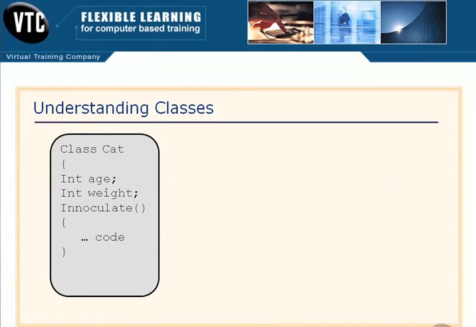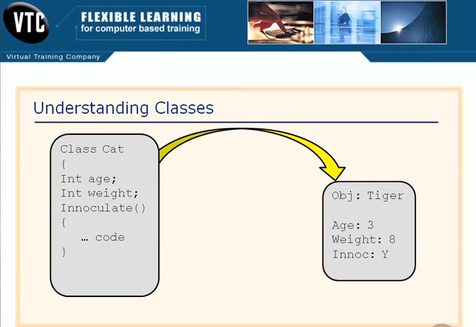All right, now using this class cat that I have out there, I can instantiate an object, or I can create an object off of that, and the object's name is Tiger. Or I will create an object called Tiger, and then I can set some of the values. Now, notice the age that I created in cat becomes now a variable in my object, and Tiger's 3 years old.